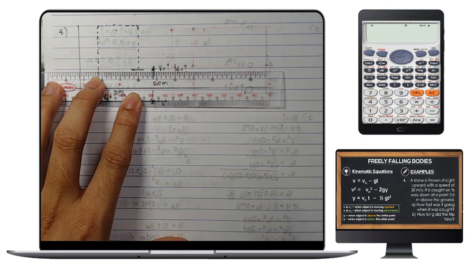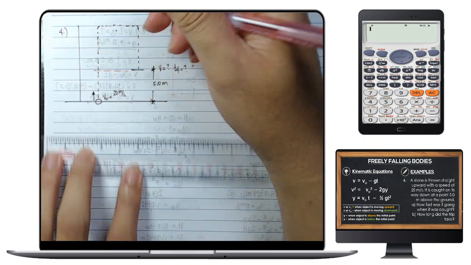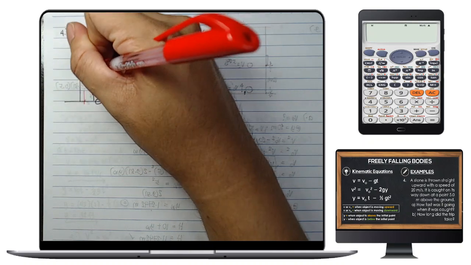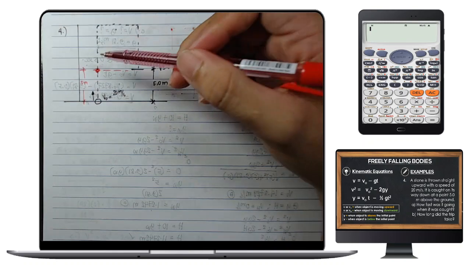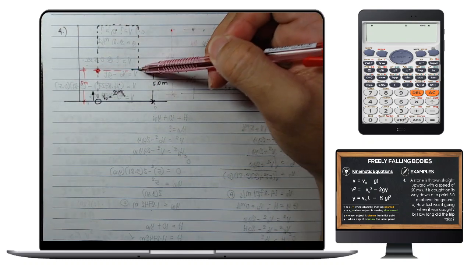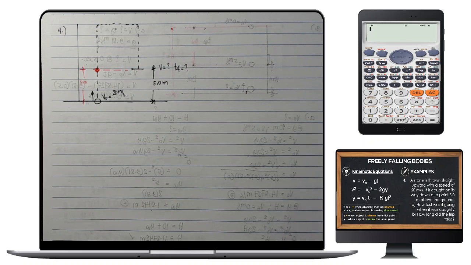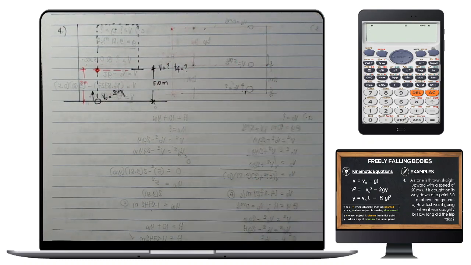Yung unang beses na mangyayari si 5 meters, so at this point, surely ito, 5 meters din. Ayan, this is also 5 meters. So, before it reached the maximum height, and after reaching the maximum height, nung pababa na, kinuha ulit natin for another 5 meters. So, with that, on its way down. Okay?